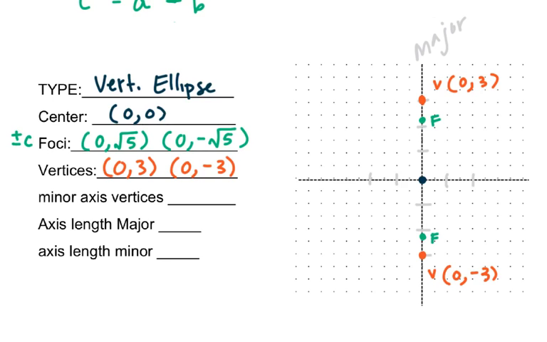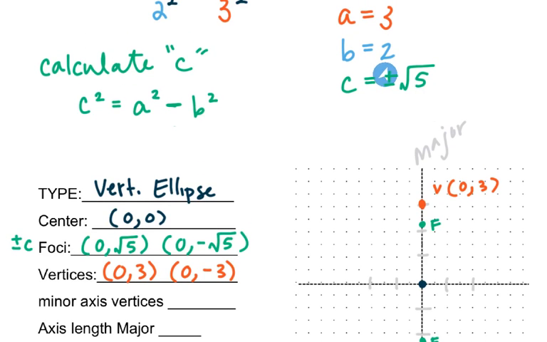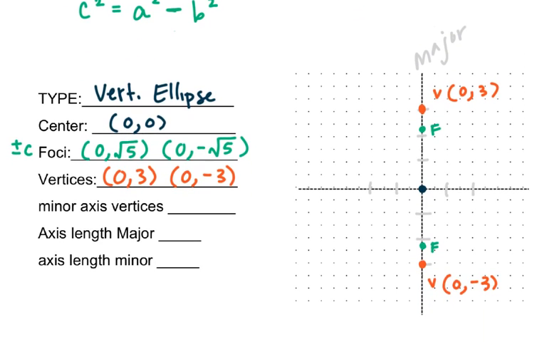Now my minor axis, my shorter axis, which is the shortest of them all, is 2. That 2, I'm going to be traveling out 2 units to the left and 2 units to the right. So my minor axis vertices are positive and negative 2, 0, on my x-axis.